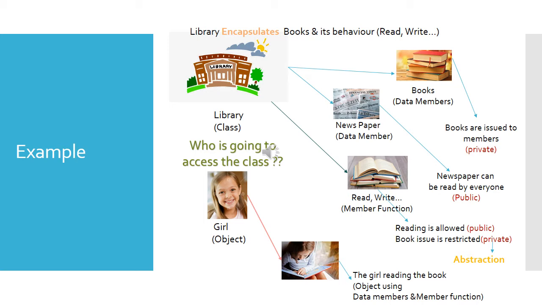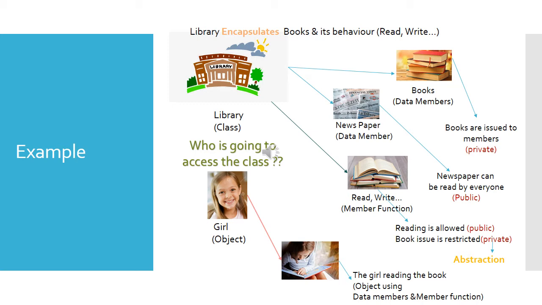The data is going to be books, newspapers, CDs, and so on, whereas the behavior is going to be read, write, etc. Books can be accessed only by the members of the library, so they can be considered private, whereas newspapers can be read by everyone even though they are not members of the library, so they can be considered public.